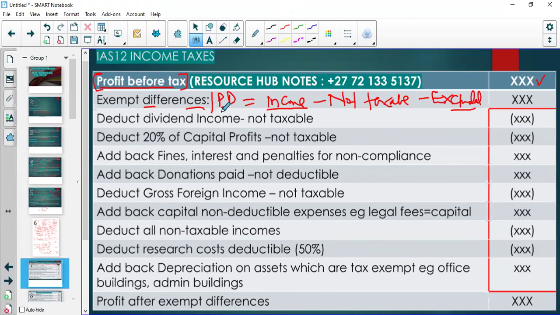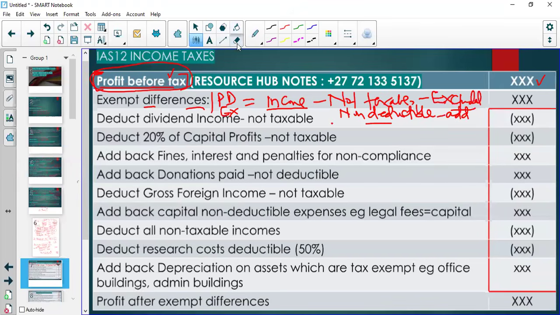If it is an expense and it's non-deductible, then it means we would have included that as an expense when calculating profit before tax, and that is correct. But now, for the purposes of calculating taxable income, SARS says they do not want to see that amount there. You have already deducted it in calculating profit. You must add it back. So the non-deductibles are going to be added back.